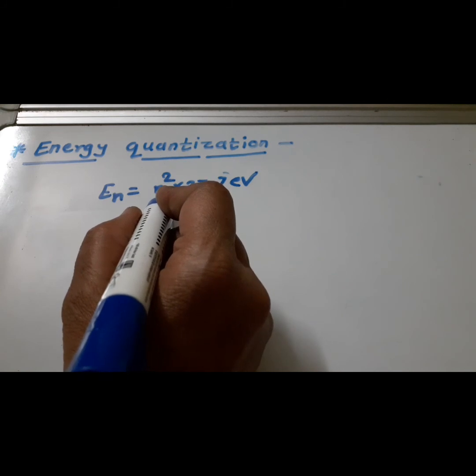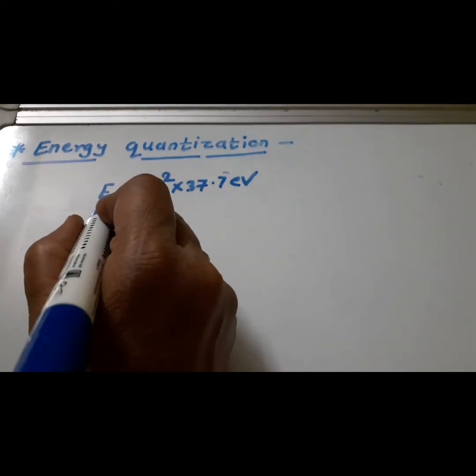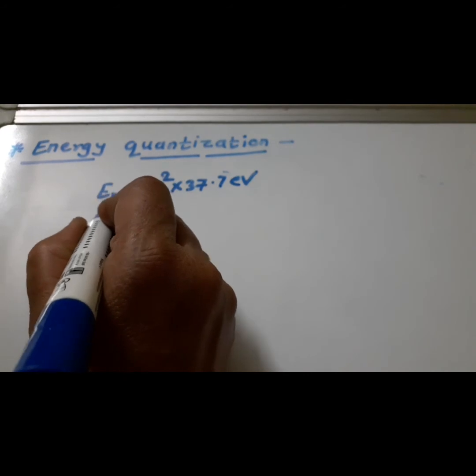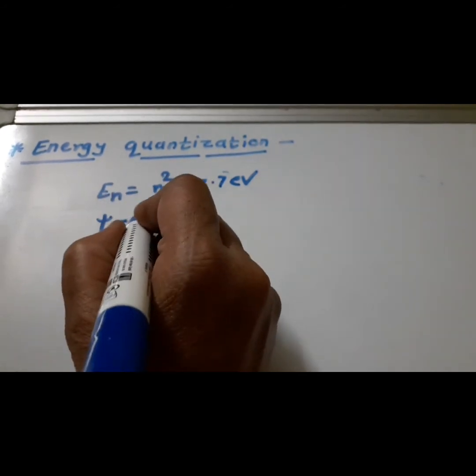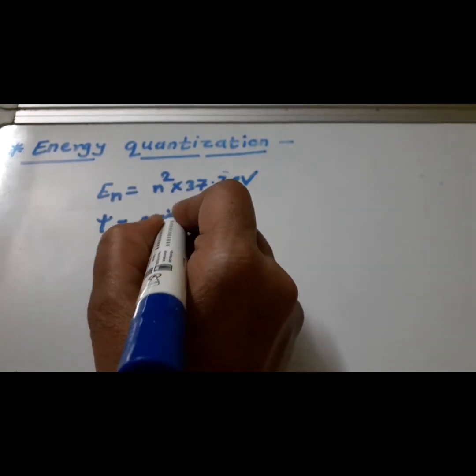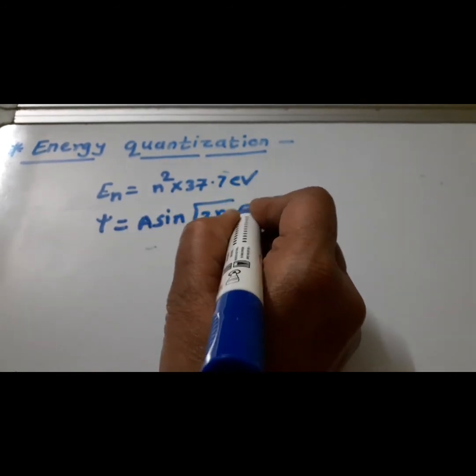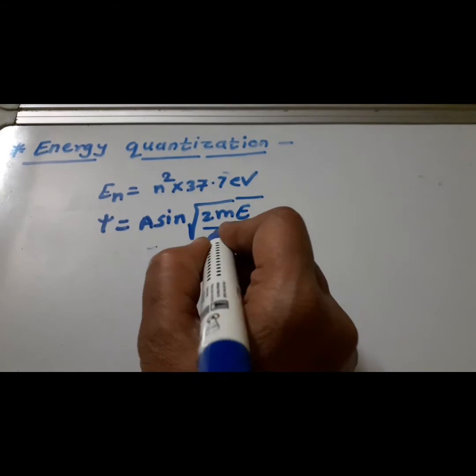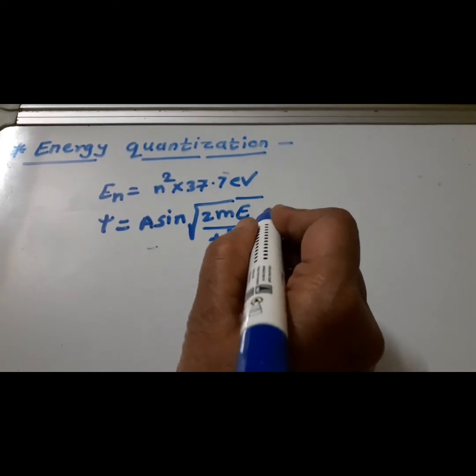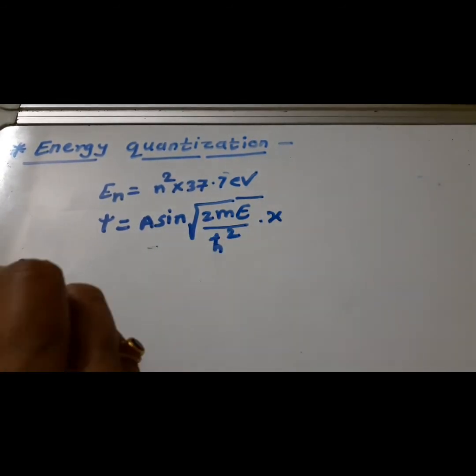Now the wave function for energy E is psi equal to A sine of the square root of 2mE divided by h cross squared into x.